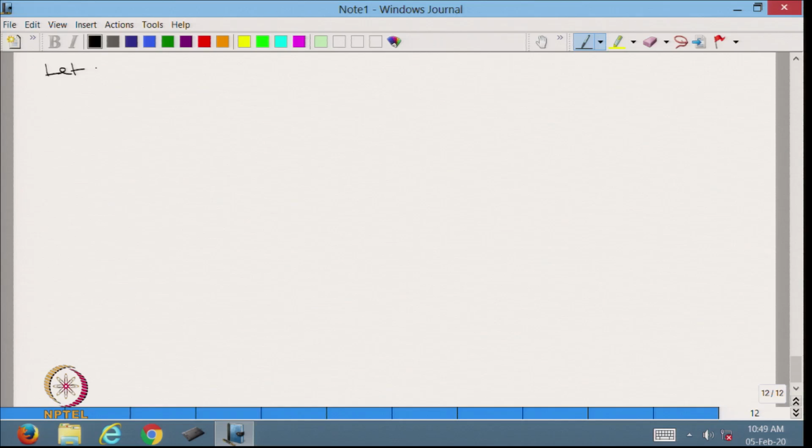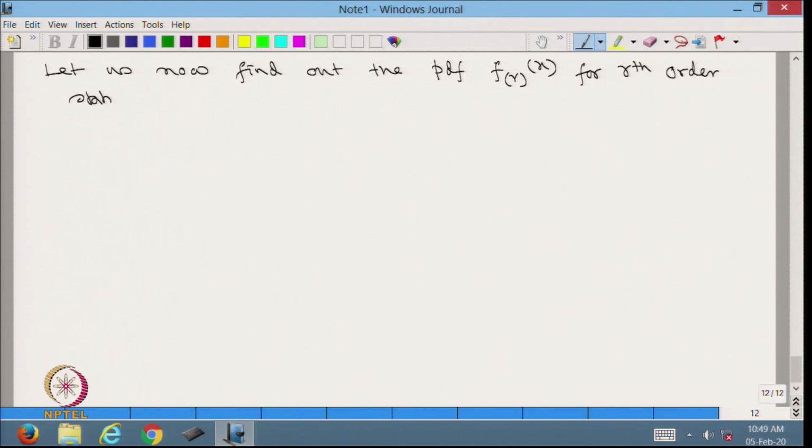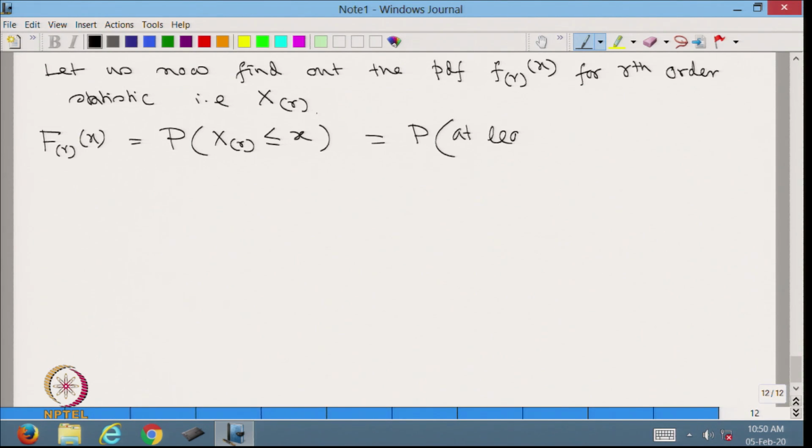Let us now find out the PDF F_r(x) for the rth order statistic, that is X(r). F_r(x) is equal to probability X(r) less than or equal to x, is equal to probability at least r of X1, X2, ..., Xn less than or equal to x.